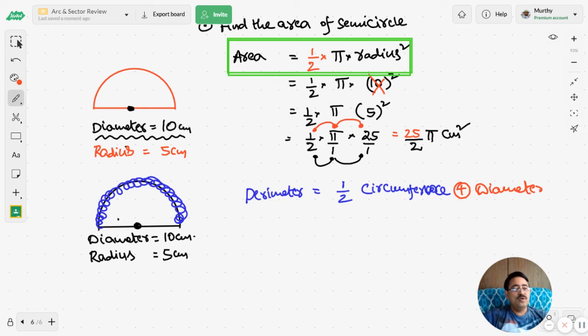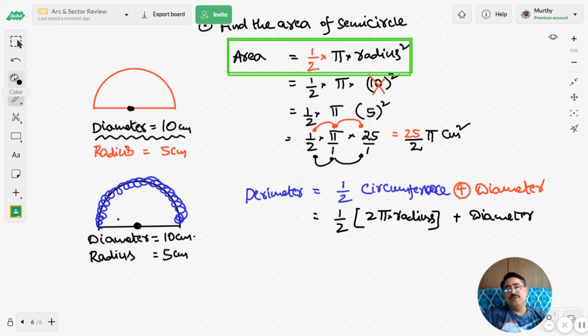These two are one and the same. Now, let me compute this part. Half of circumference is 2 times pi times radius. I'll input the diameter value in the next step.